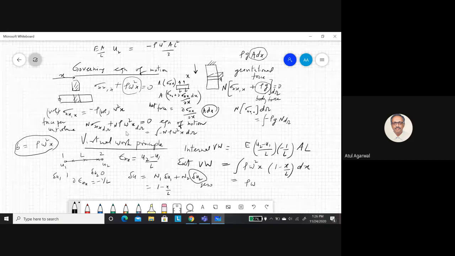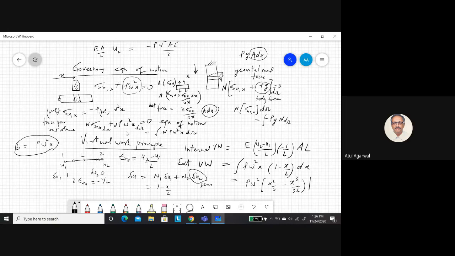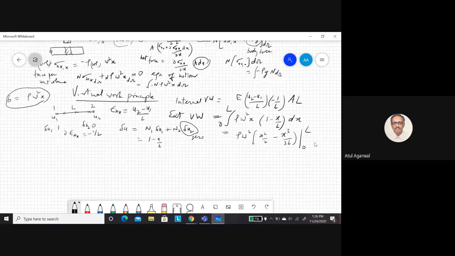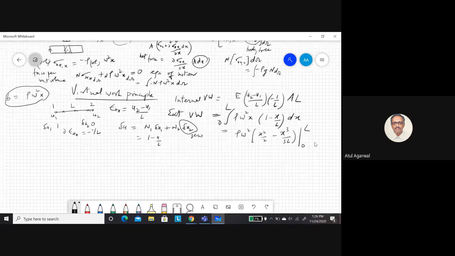So you get rho omega square, x square by 2 minus x cube by 3L. You take the limit 0 to L. So you are getting rho omega square, this is L square by 6.